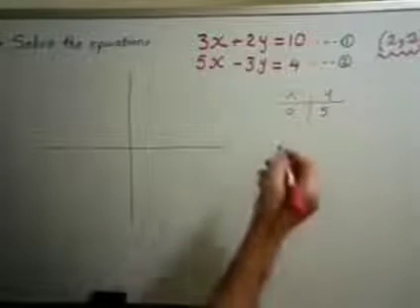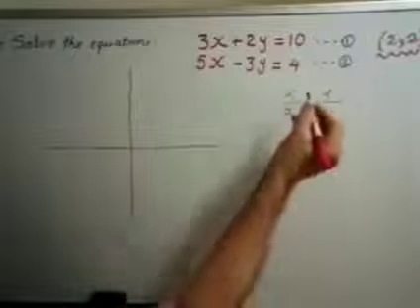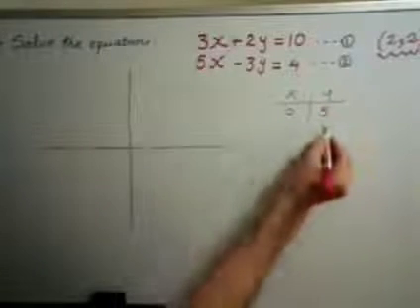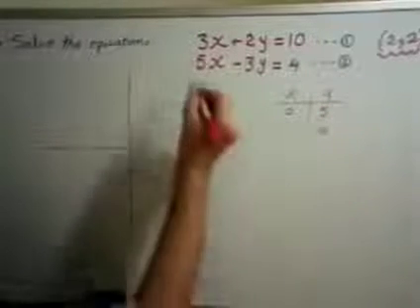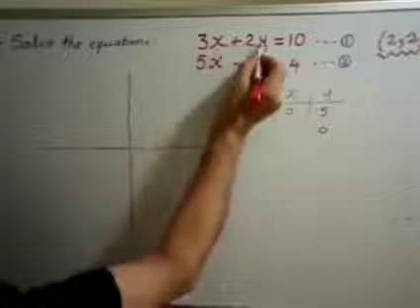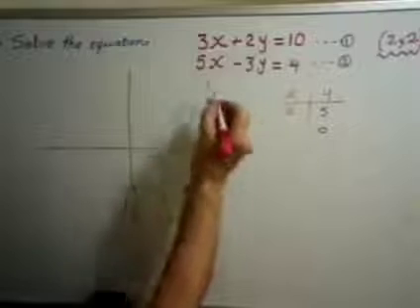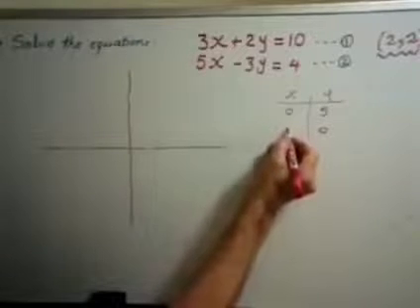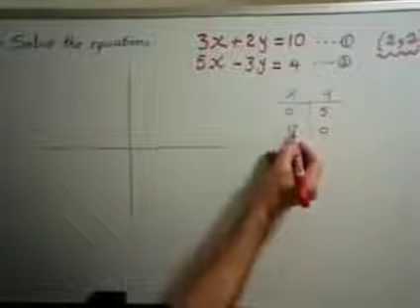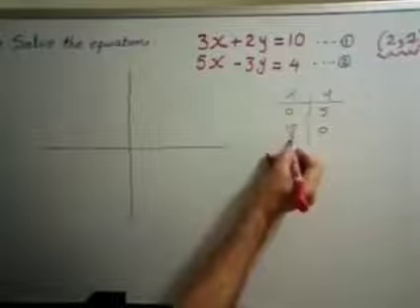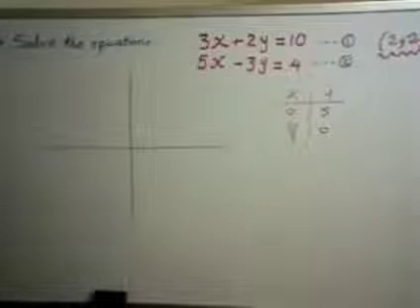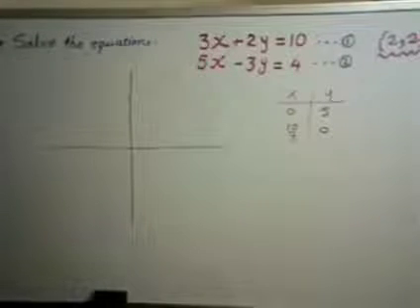And repeat that again by finding the intersection point with the x-axis by putting y is 0. So 3x plus 0 is equal 10. That means 3x is 10. So x is 10 over 3, that means 3 and 1/3. This is the table for the first equation.